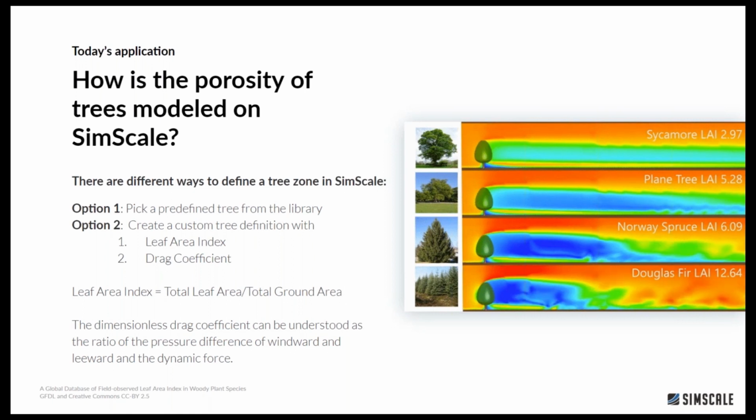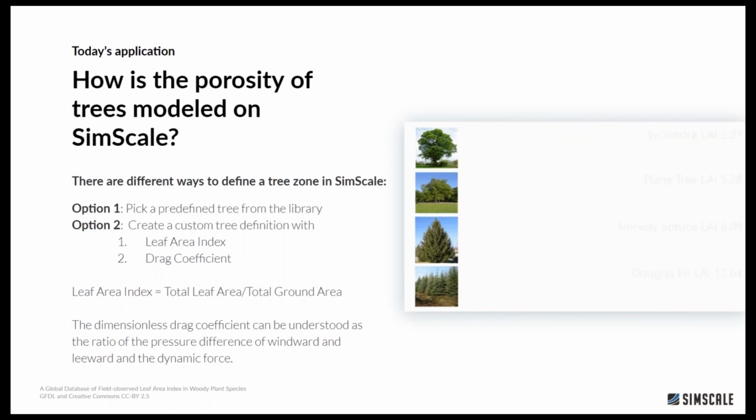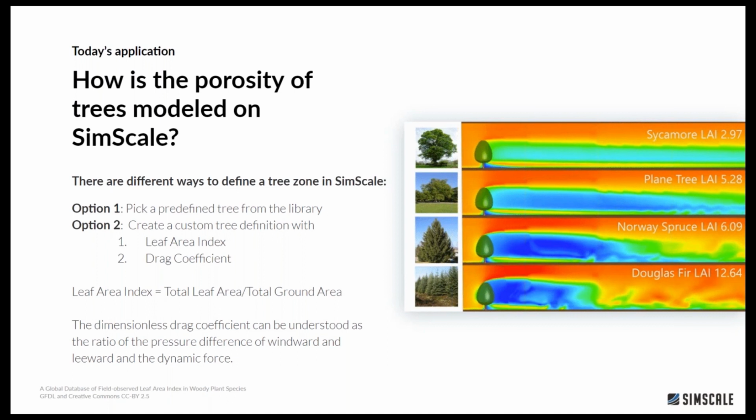So you'll see on the right-hand side, I've done a small analysis where I compared different porosities. So I'll show you in a minute how we can approach different porosities and see the effect on the flow pattern. So with certain type of trees, they will block the wind more than others.